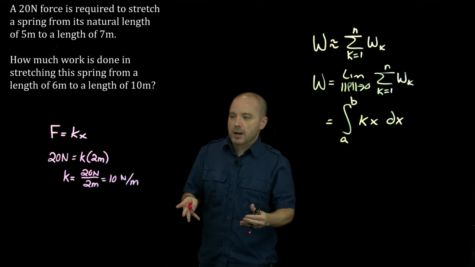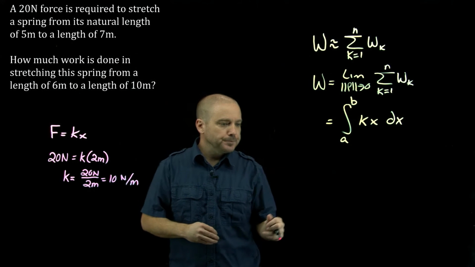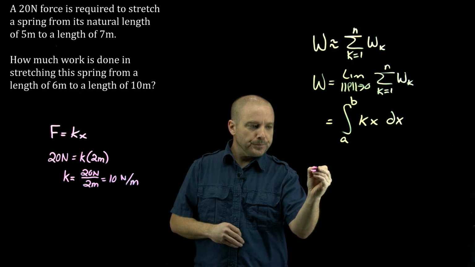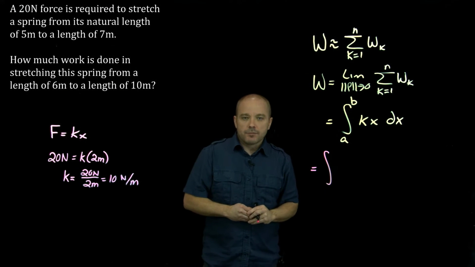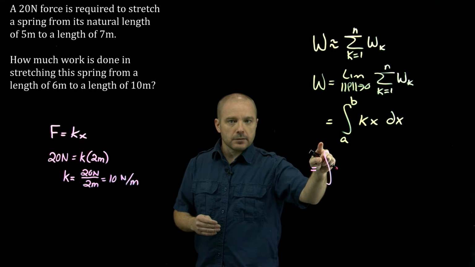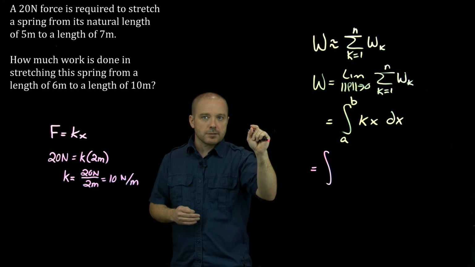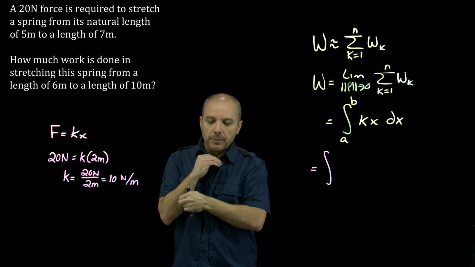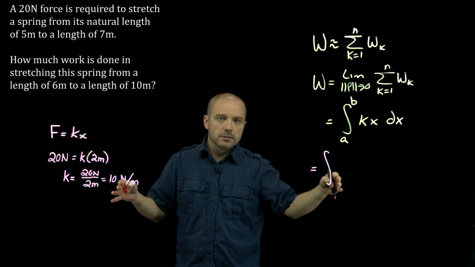Okay, so now that we have our K, we're ready to do our work integral here. Now we've got to be careful about remembering what X is, right? X comes from Hooke's law, where X is the amount of stretch. So when we look at the statement of the problem, the spring goes from a length of 6 meters to a length of 10 meters.